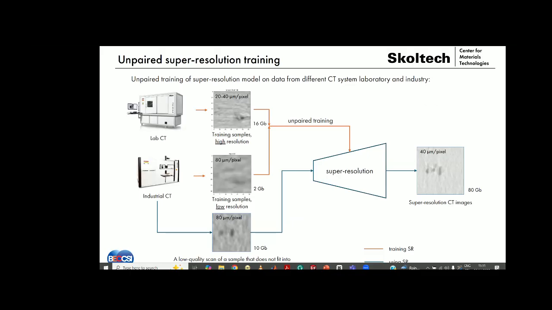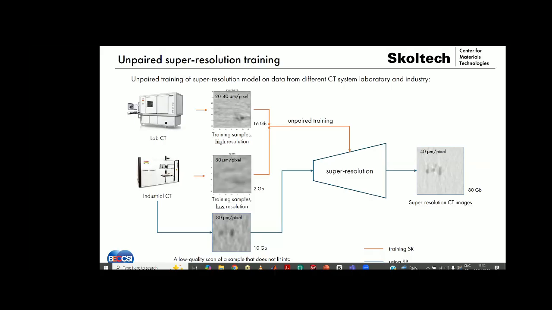From lab CT, we have very high quality images. From industrial CT, we have images of the same specimen, of the same spot, but in lower resolution. Using these images, we train our super resolution model, and after that we apply it to a larger image, like the full part, to have a very large, high quality image of the full part.